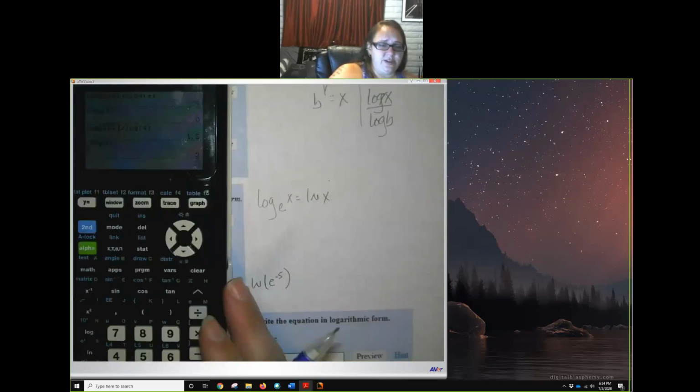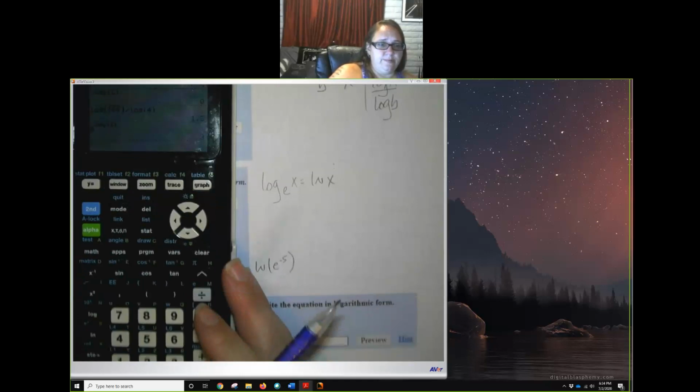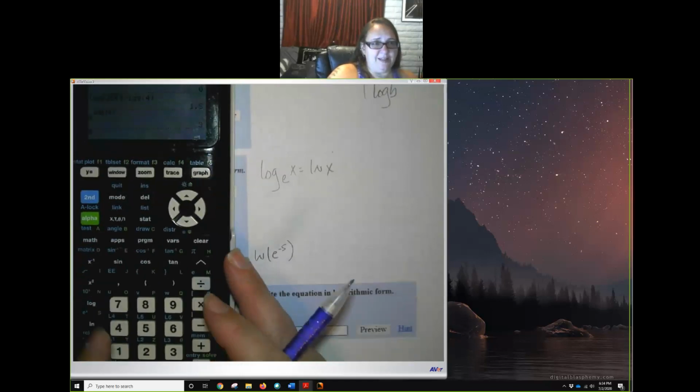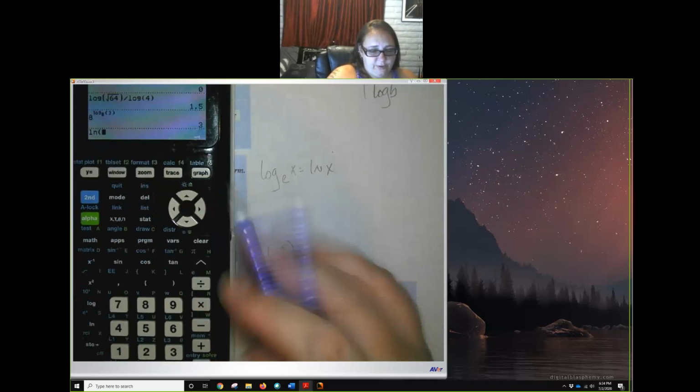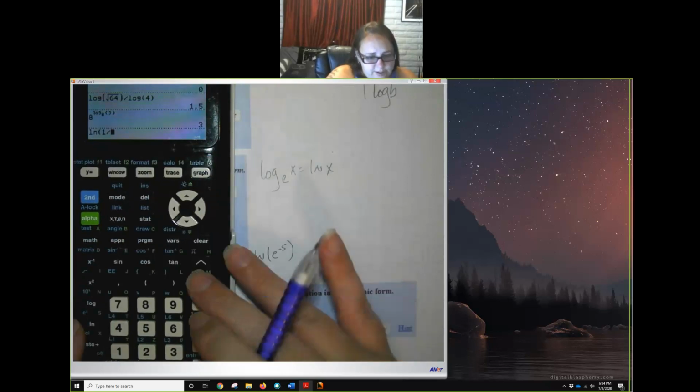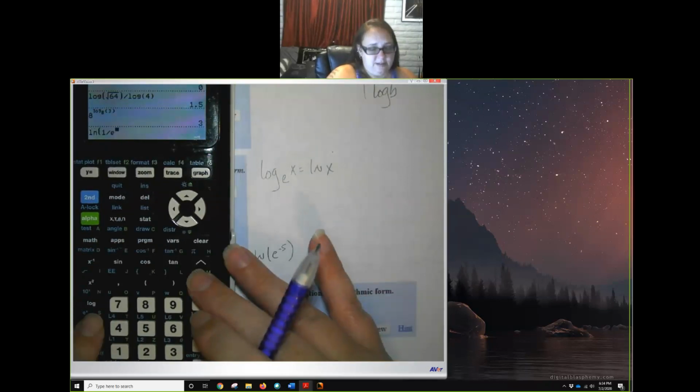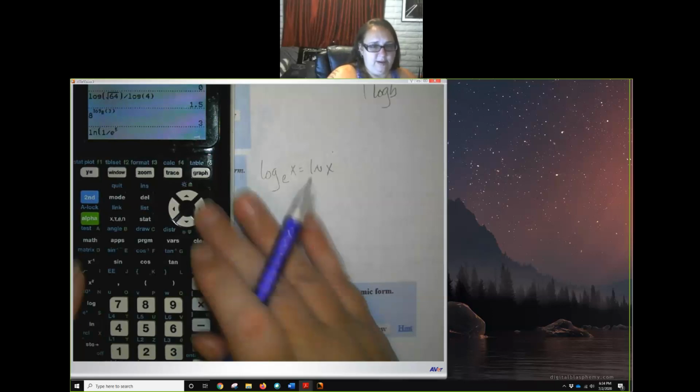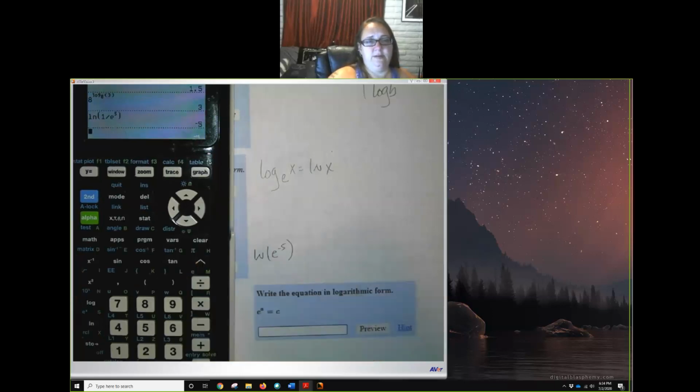So you could just do the ln of 1 over e to the 5. Okay, so there's your log button, there's your ln button, and your e button is second and then ln.